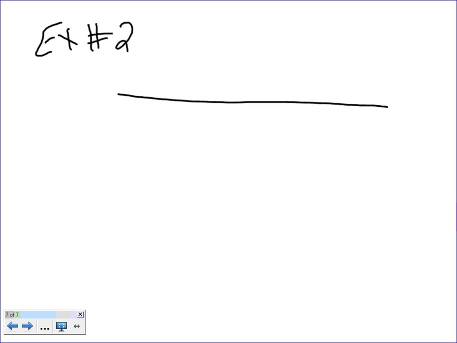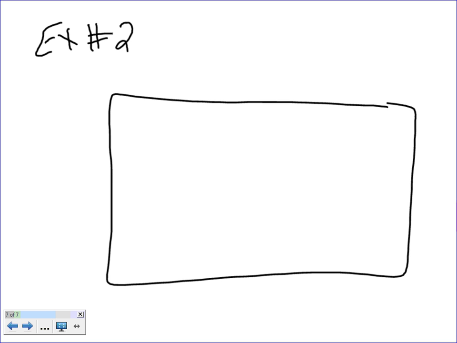Let me just take one more example. Example number 2. I need a mechanical panel. I have a big fat mechanical panel, and I have the same thing.